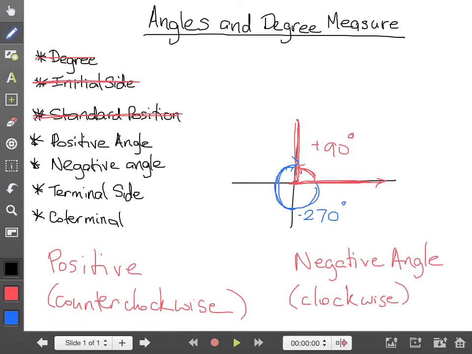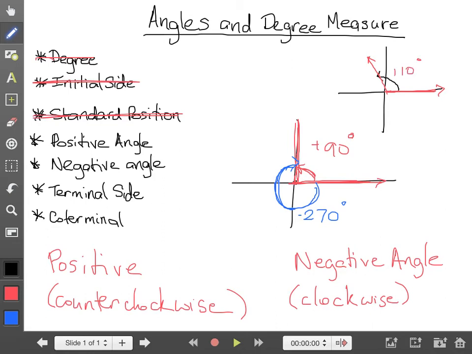All right, so let's look at another one just to make sure that we are used to this. Let's put it up here. This angle, let's make it start at the initial position, the standard position, and go up here. So it's a little bit over 90. So let's say that it is 110 degrees.